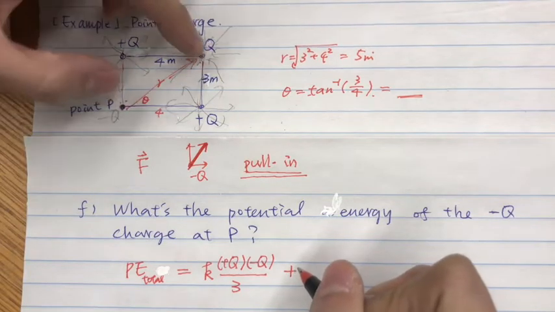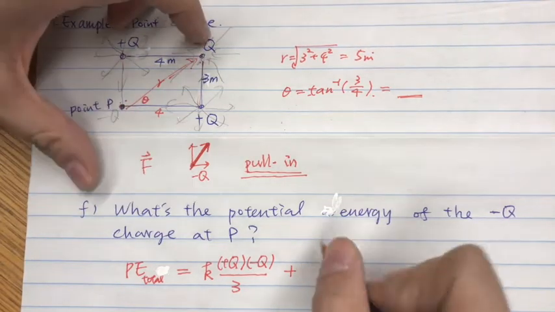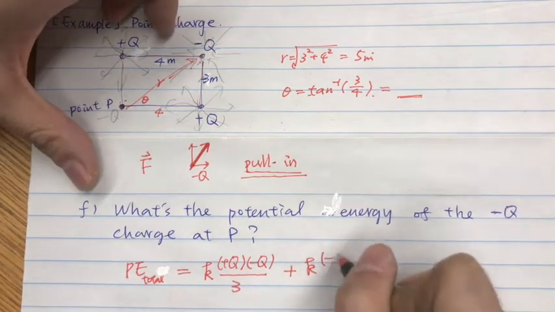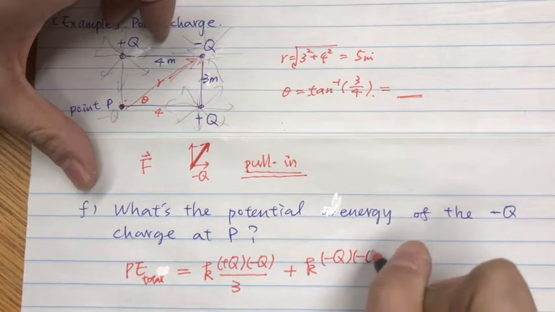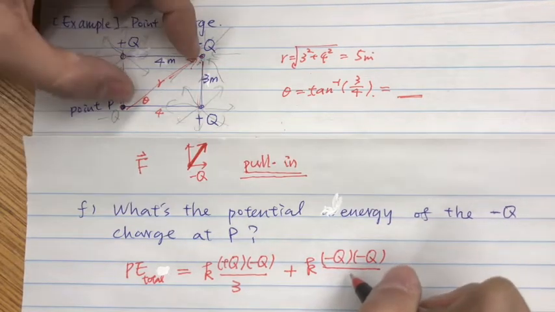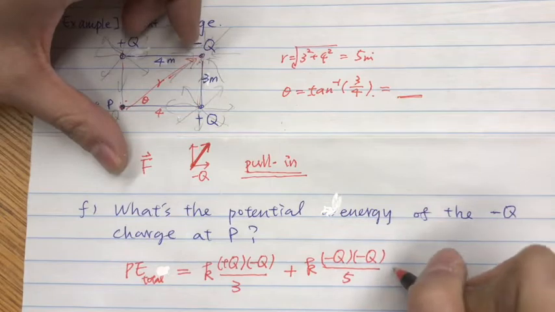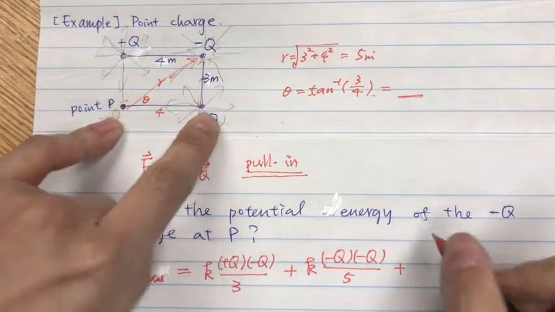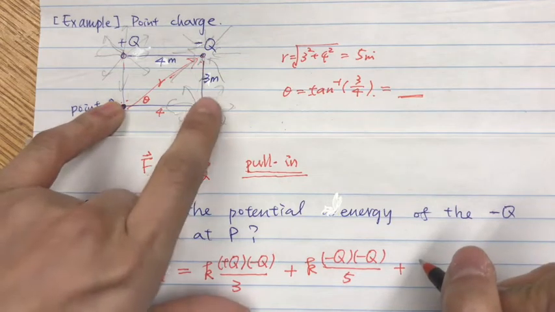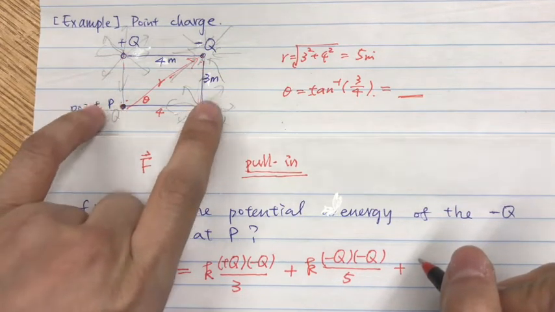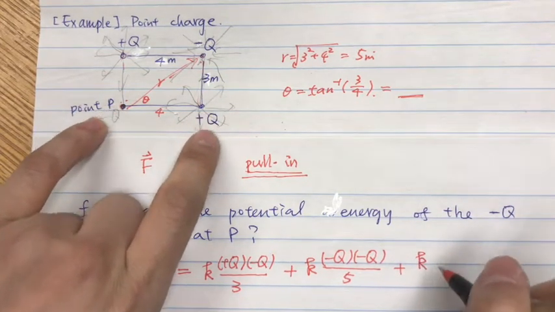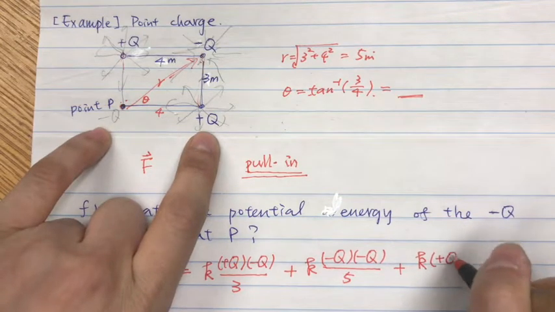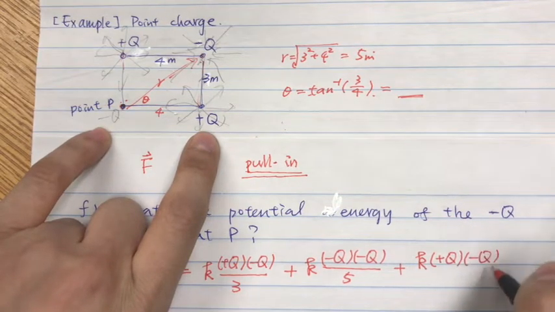Same for these two. This one will also provide a potential, that is K, Q, minus Q, that's Q, divided by this R, which is 5. And also these two. This one will feel the potential energy because of this one as well. So it will be K plus Q minus Q divided by 4.